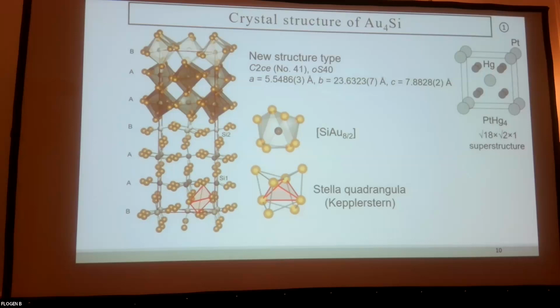And the structure contains these distorted icosahedra of gold around silicon, and these are tilted alternatingly and resemble somewhat tilting modes that can be, for example, found in perovskites. And then in these voids formed by gold is a structural motif, a stellated quadrangle, that is, for example, found in methyl lithium compounds, but also various other compounds.